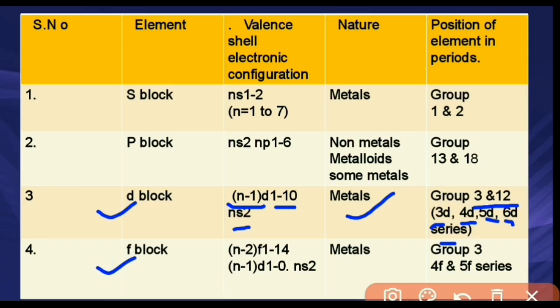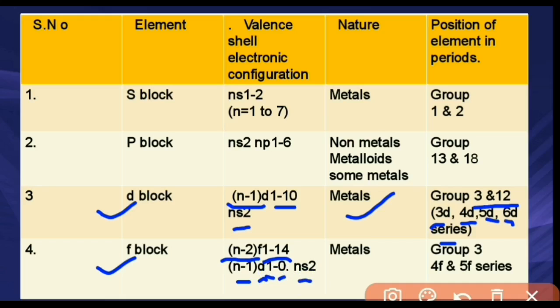F block elements we also study period-wise, and here the last electron enters the antepenultimate shell, which means the third last shell. So the valence shell electronic configuration is (n-2)f1 to 14, (n-1)d with only 1 or 0 electrons, and ns2.